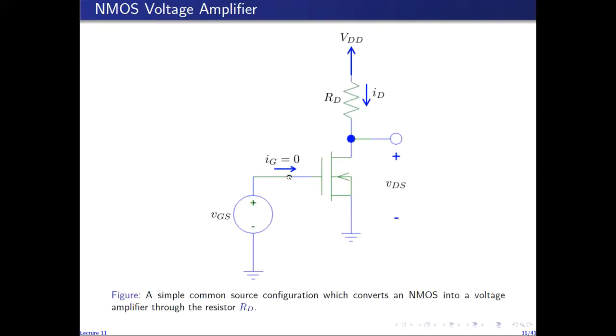And we treat the gate and source terminals as the input port, which is excited with the voltage VGS. And we treat the drain and source terminals as the output port and measure the voltage VDS and the current ID as the output voltage and output current respectively. So since the source is common between the input and output ports, this configuration is called a common source configuration for the NMOS amplifier.